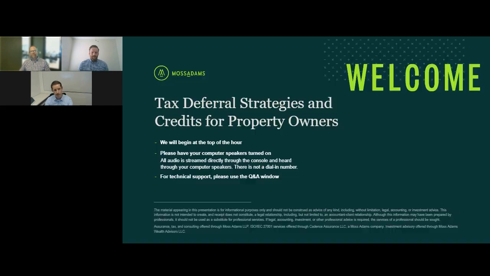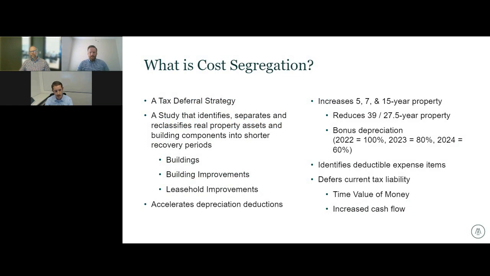Cost segregation, essentially, is a strategy that could be applied to the cost to purchase, develop, or renovate real estate assets. It's a play on the timing of tax depreciation by identifying costs associated with assets that could be depreciated over 5, 7, or 15 years, as opposed to building property that's generally recovered over 39 or 27 years.